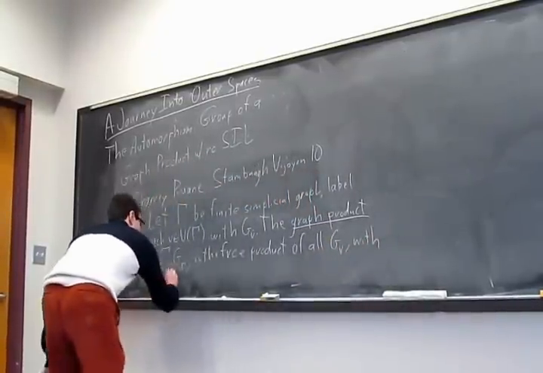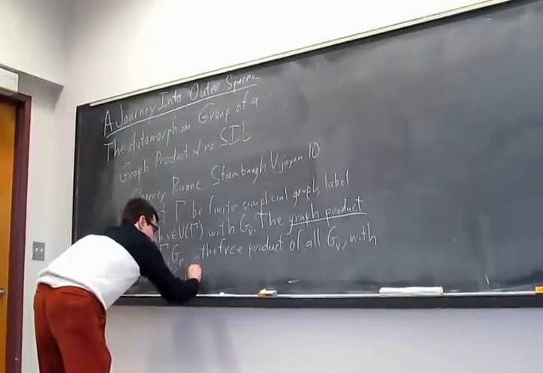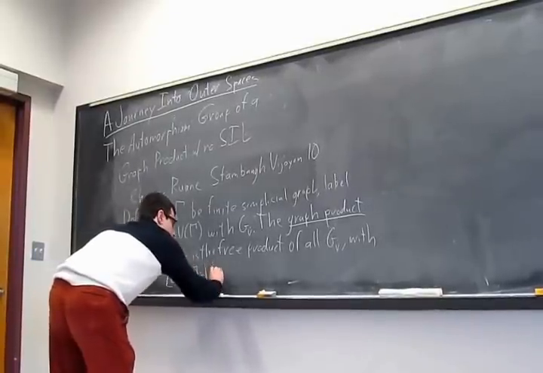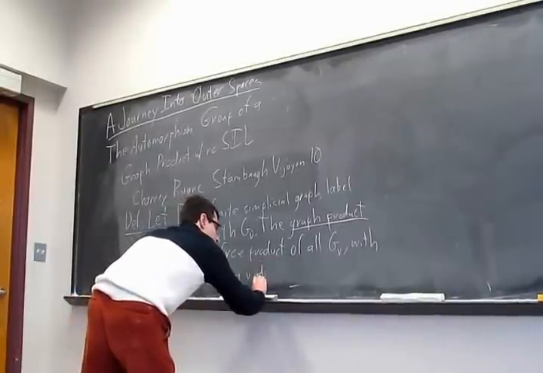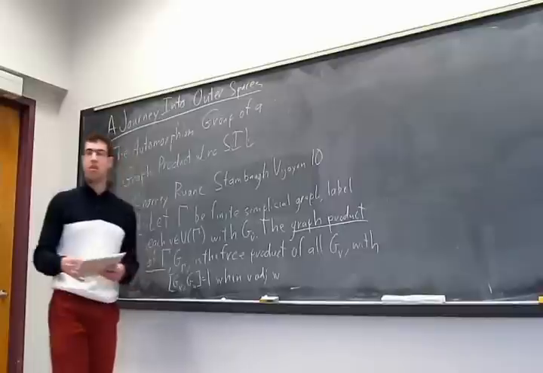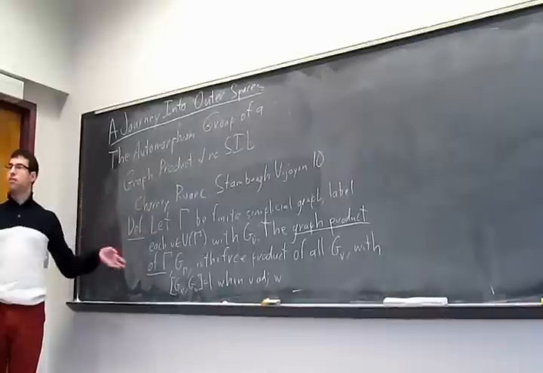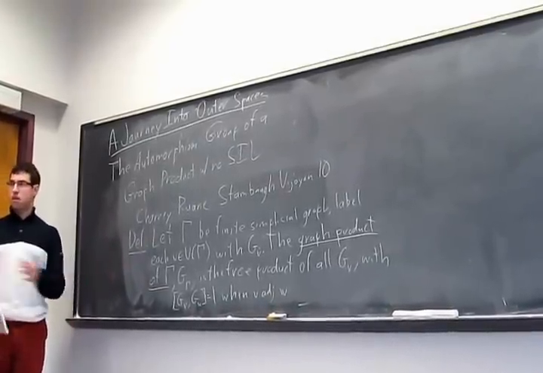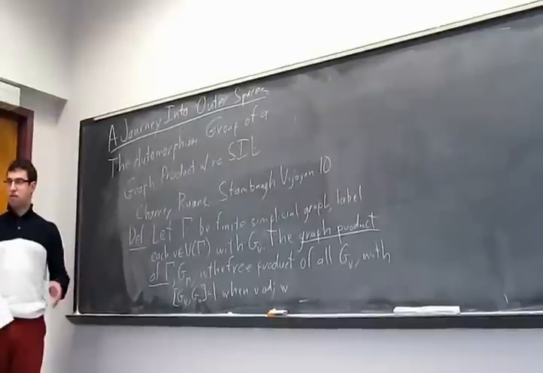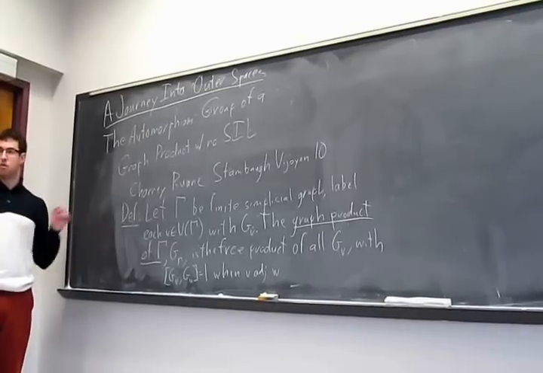And then we add commutator relations between any two groups when their vertices are adjacent. So the graph product in general is just interpolating between the free product and the direct product. The free product is a graph product where we have no edges, and the direct product is a graph product where we have a complete graph. And the graph product gets us everything else in between.